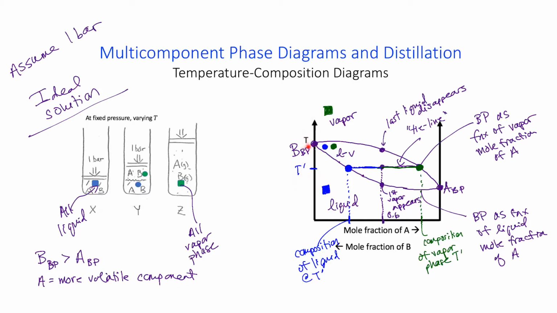We would have pressure on our y-axis instead of temperature. But just remember that your vapor and liquid regions would be inverted from what we see here. So you would have vapor on the bottom and liquid on the top, since a lower boiling point is going to essentially correspond to a higher vapor pressure. So things are going to be swapped around if you want to make a similar plot for changes in pressure.